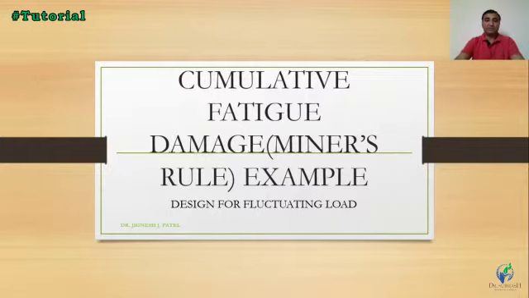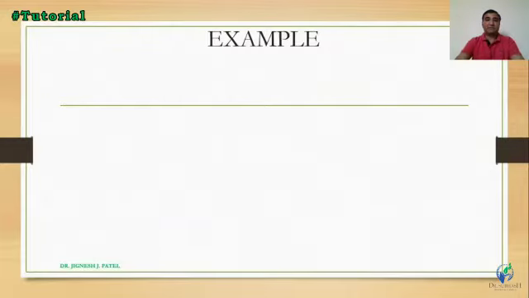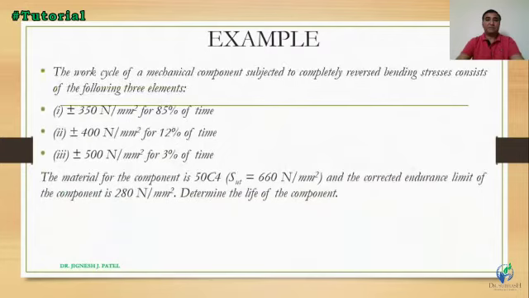Let us take an example. The work cycle of a mechanical component subjected to completely reversed bending stress consists of the following three elements: plus minus 350 Newton per mm square for 85% of time, plus minus 400 Newton per mm square for 12% of time, plus minus 500 Newton per mm square for 3% of time.